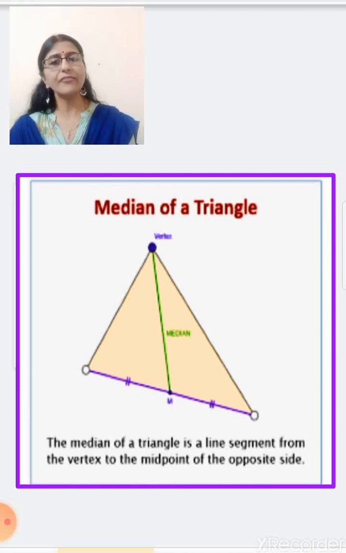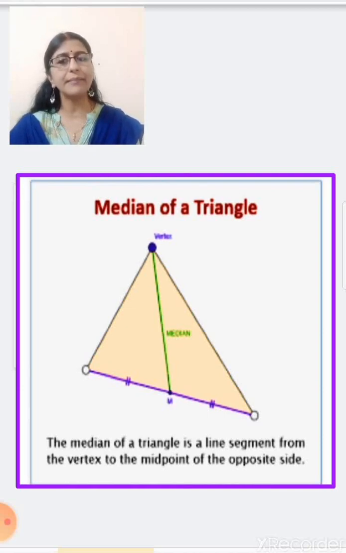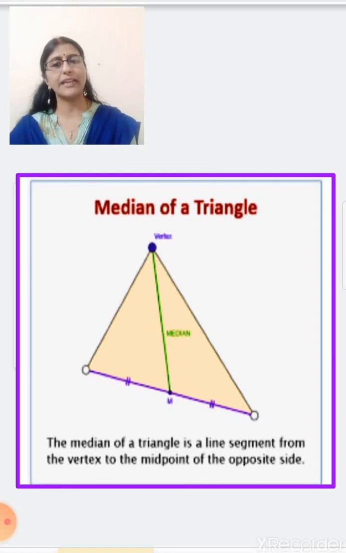The median of a triangle is a line segment from the vertex to the midpoint of the opposite side. So you have to first find out the midpoint of the opposite side, which will divide the side equally. Then that point will be the midpoint. And when you get a line segment by joining the vertex to that point, then you will get a median.